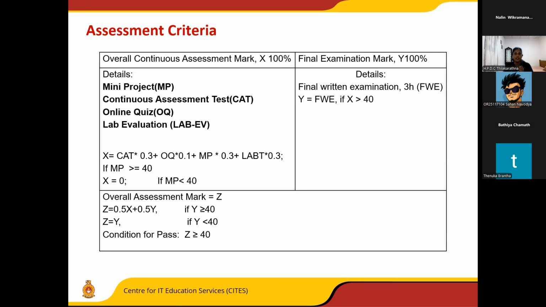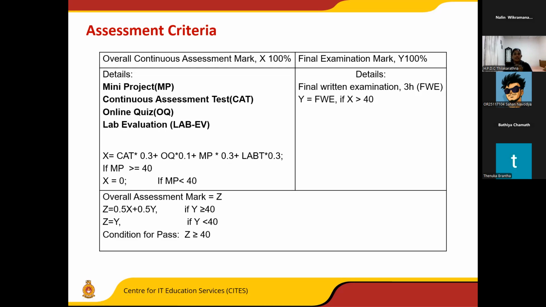If you do not score more than 40, then you are not eligible for your final exam. And if you score more than 40, then the OCAM will be calculated. And then if it is also greater than 40, then you will be able to write your final examination. You will be eligible, right?